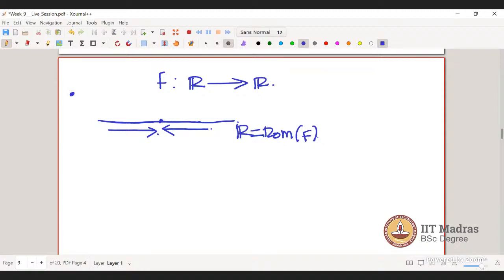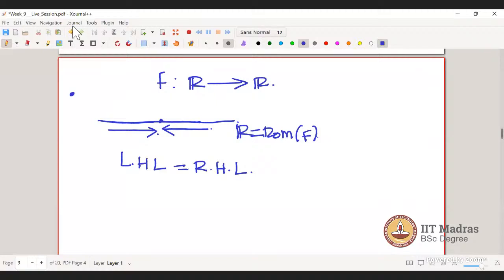Once you compute the left hand limit and the right hand limit, you can say whether the limit exists or not. If the left hand limit and right hand limit are equal, then the limit of the function exists at that point, and whatever value we get will be the limit of the function. That is what you do when you have a function from R to R.